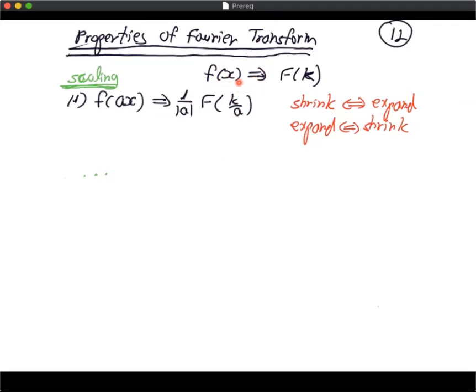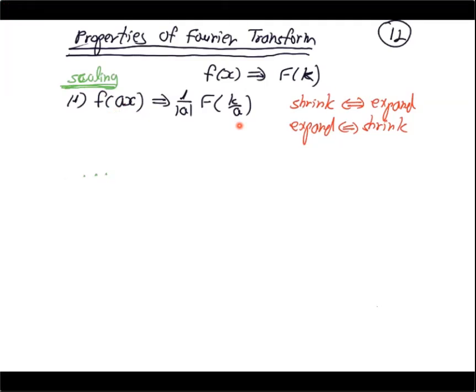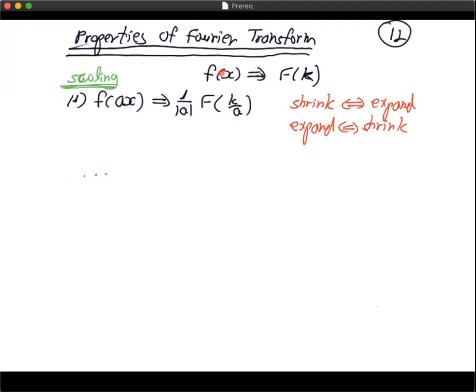So if you have f of x leads to F of k, then any scaling of the function in space or time would result in the opposite scaling in the frequency domain.